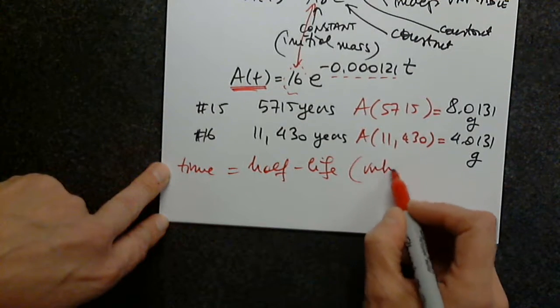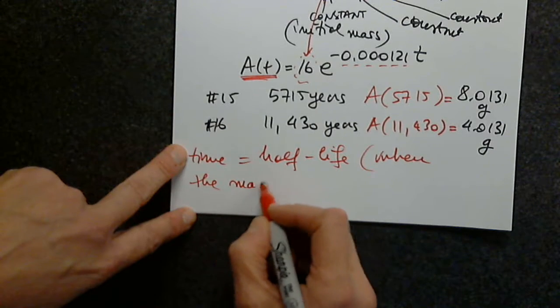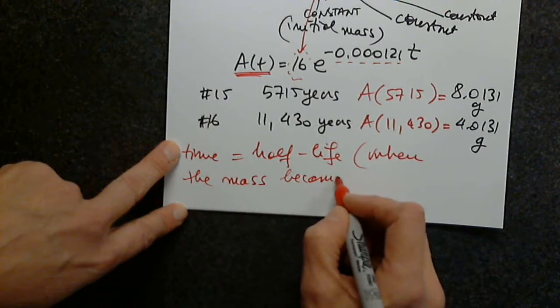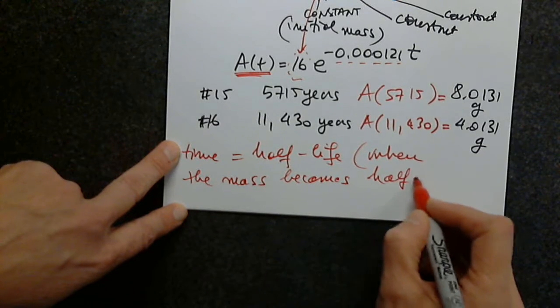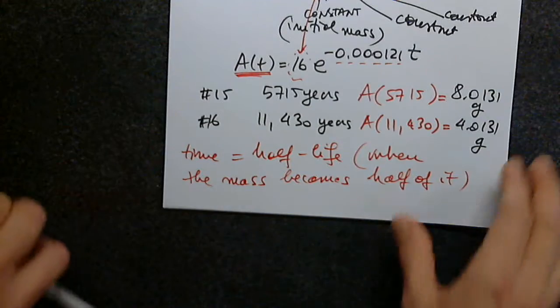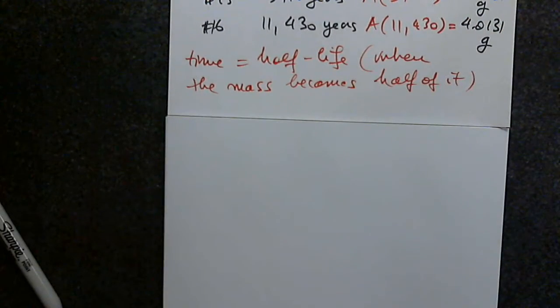So when the mass becomes half of the original, I'm asked when. So find the time for this carbon-14 when any amount will be halved.